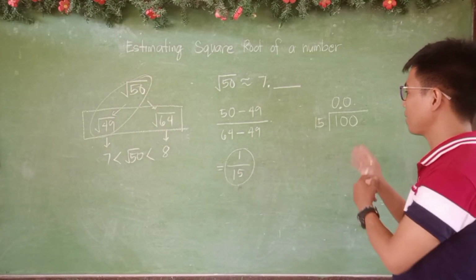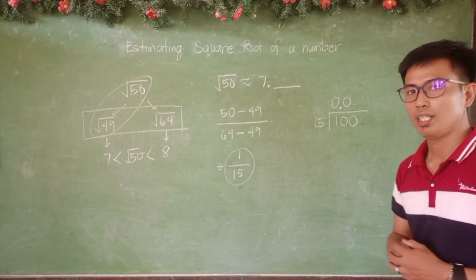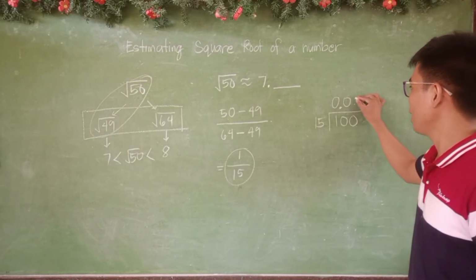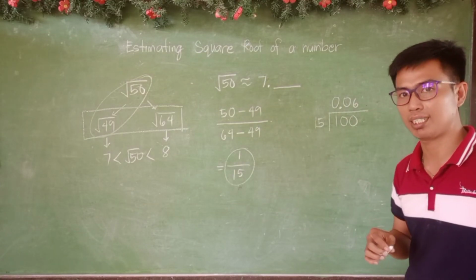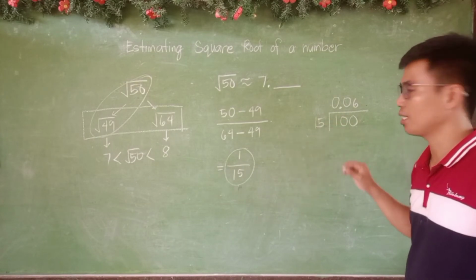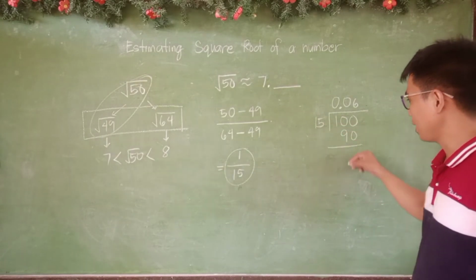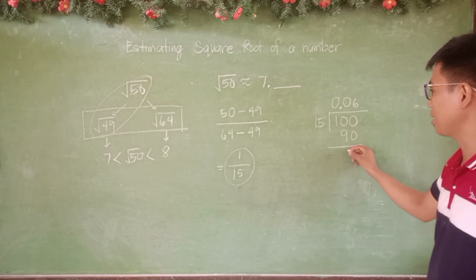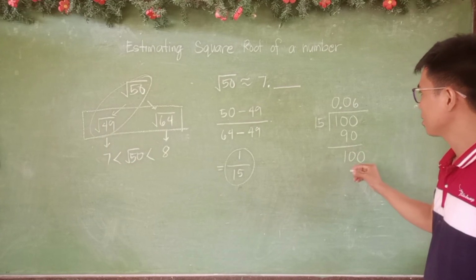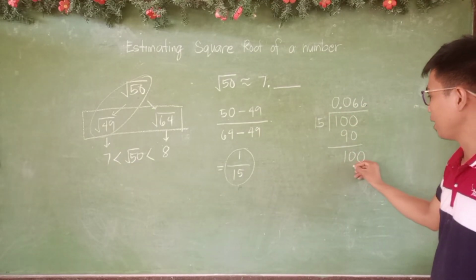And then we're going to divide. So how many 15s are there in 100? There are 6 15s in 100. So multiply 6 times 15, that is 90. And then subtract: 100 minus 90 is 10. Then add 0. Again, divide. So ganun ulit, 6. And then we have 90.